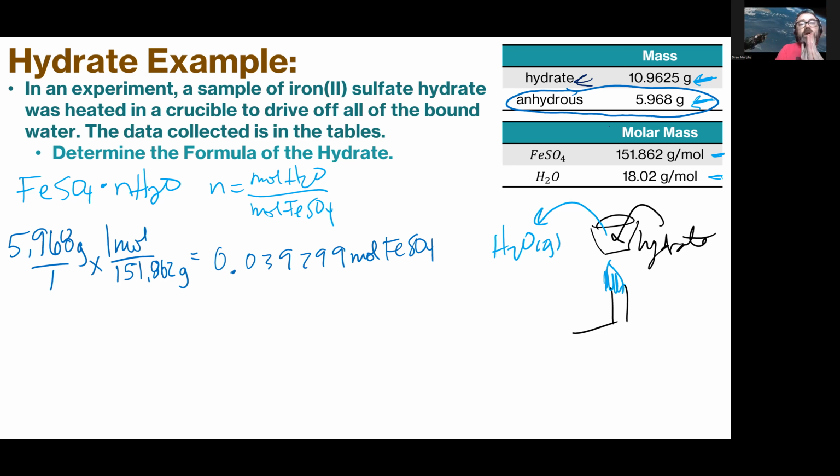So to get water, we're going to have to subtract. 10.9625 grams minus 5.968 grams is 4.9945 grams.